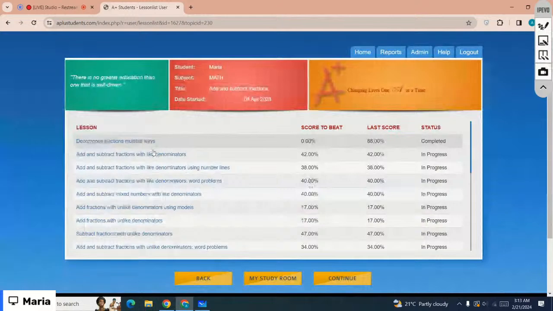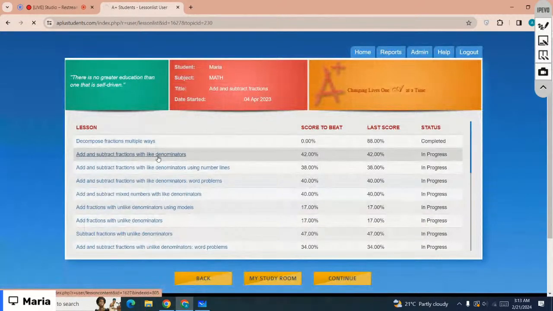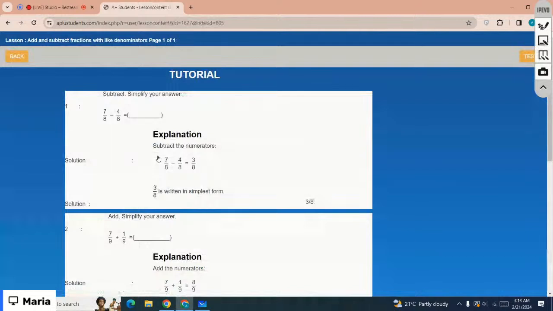Yes, that is add and subtract fractions with like denominators. So when we're working with like denominators, adding and subtracting is very, very easy. Like denominators means the fractions that have exactly the same denominators, right? When the denominators are the same, you simply have to add or subtract the numerators.